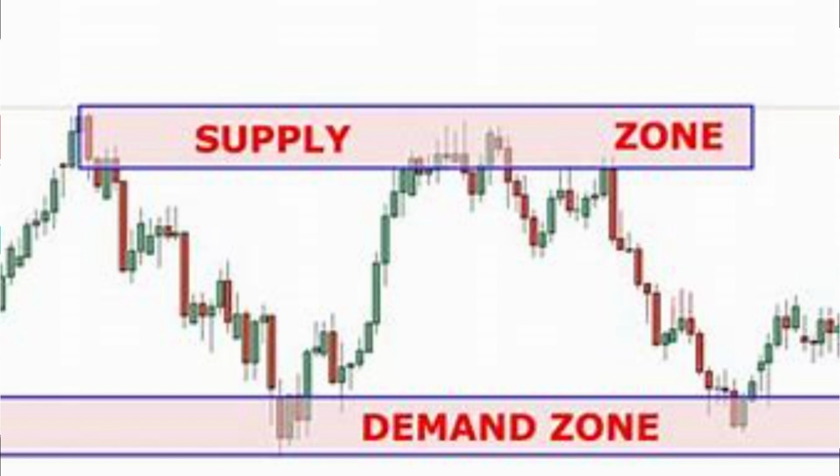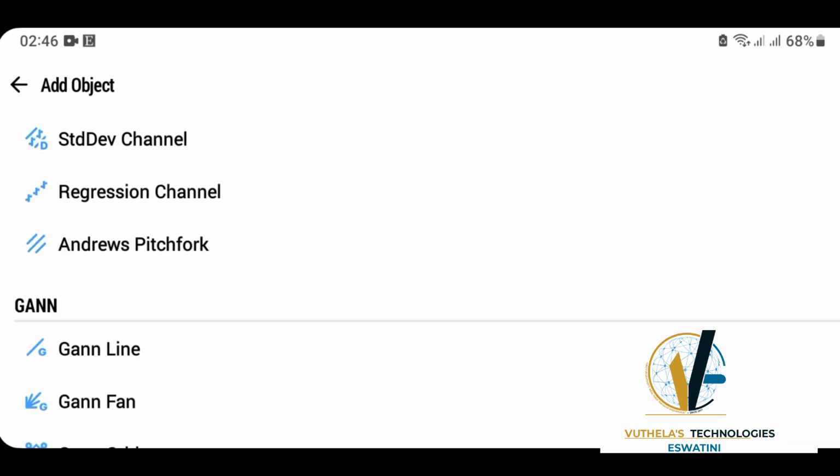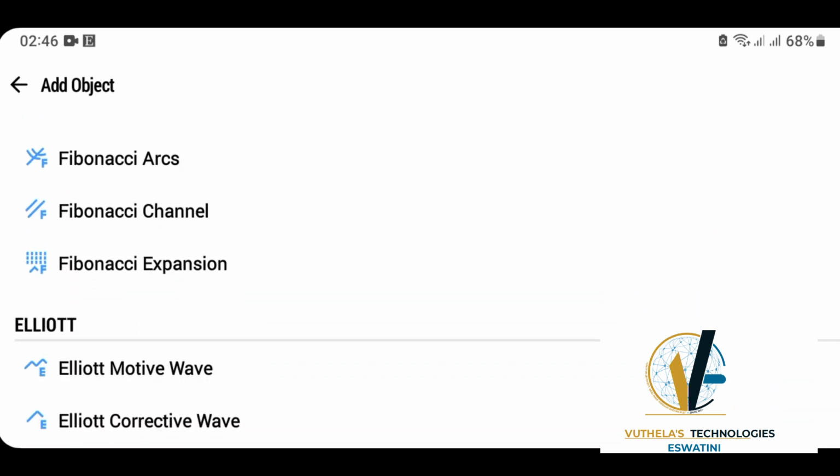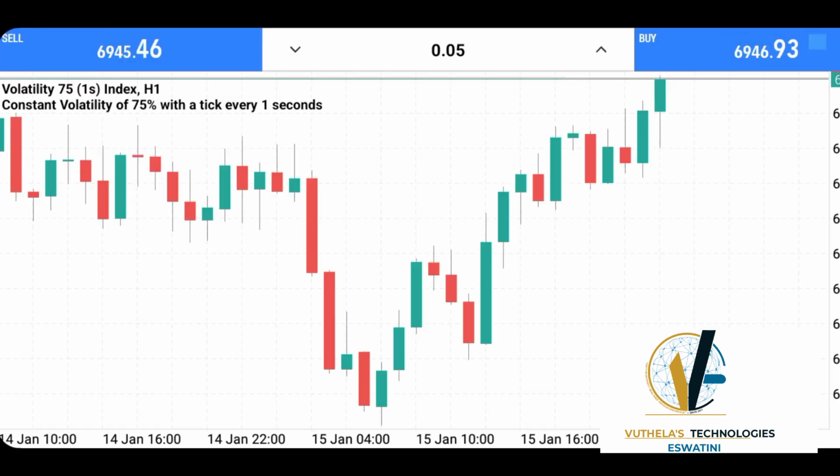So a level is just a line. Do you understand me? It's just a line. Then a zone is not just a line, but it is something that is beyond the line. Let's say a zone is something like this.